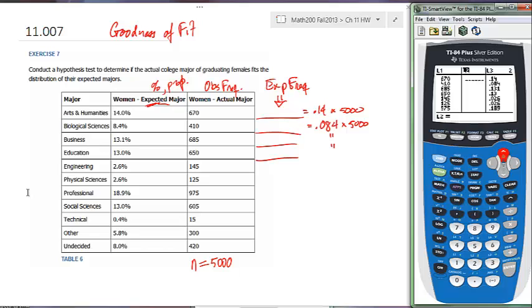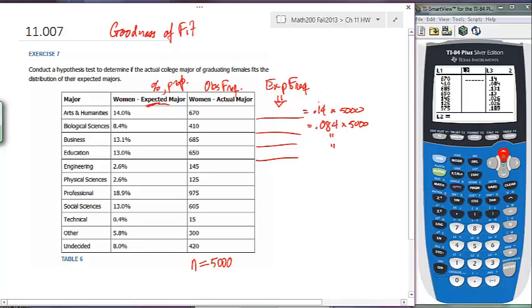And as you can see, my cursor is up on L2, so I have L2 down here with no parentheses. I'm going to create a list, and my list is going to be this product of the percentages, the proportion times 5,000.